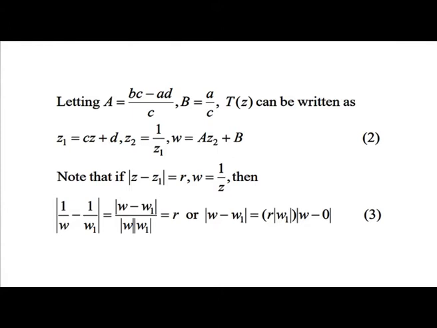Note that if mod z minus z1 is equal to R and w is equal to 1 by z, then mod of 1 by w minus 1 by w1 is equal to mod of (w minus w1) by (mod w into mod w1), which is equal to R, or mod w minus w1 is equal to R times mod w1 into mod w minus 0.